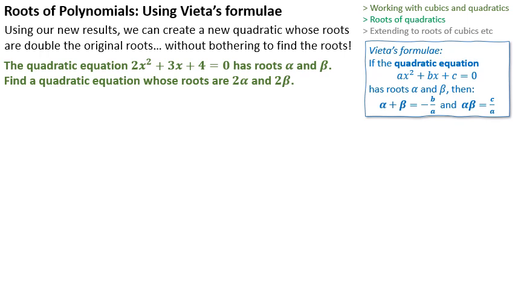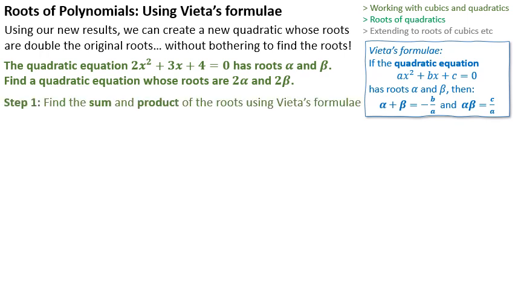Now this can get confusing because we think of alpha and beta as the roots of a quadratic, but we're dealing with 2 different quadratics in the same question, so we have to be a little bit careful with our notation. The first thing I would do is start with the original quadratic you're given, and find the sum and the product of the roots. So we add alpha and beta, and we know from the formula that we're given in the blue box that alpha plus beta will have to be minus 3/2.